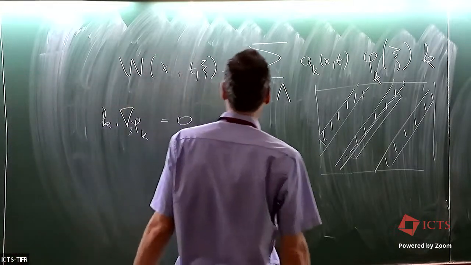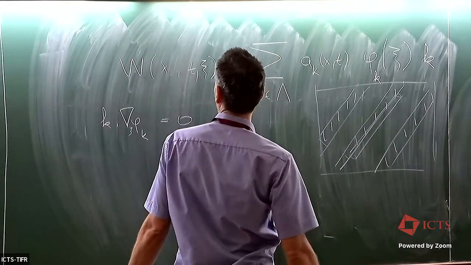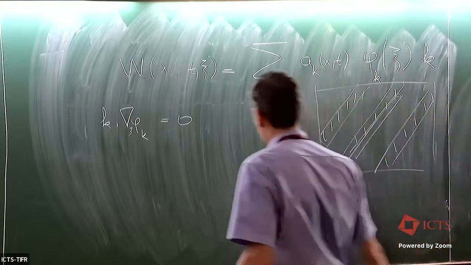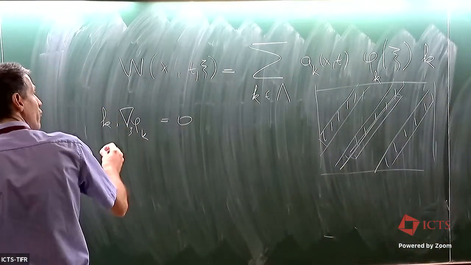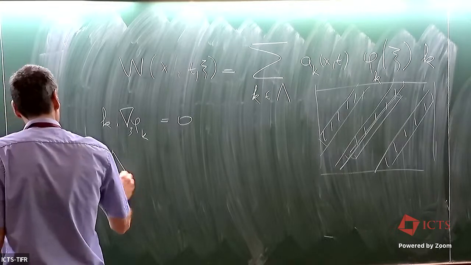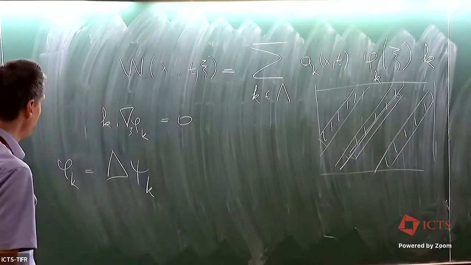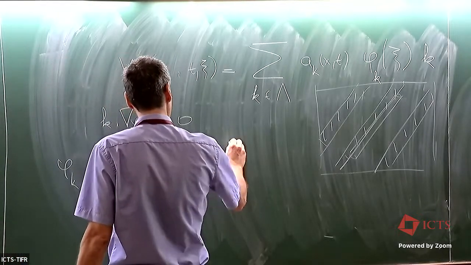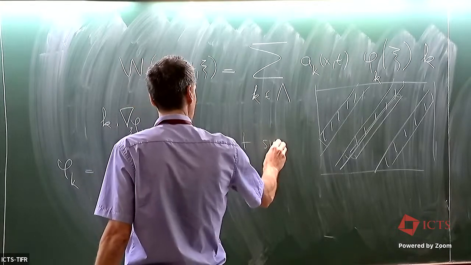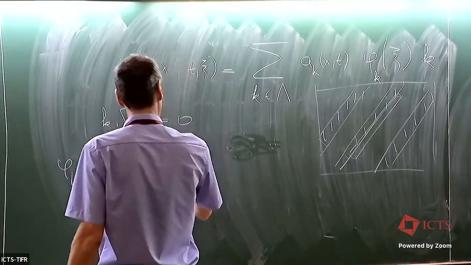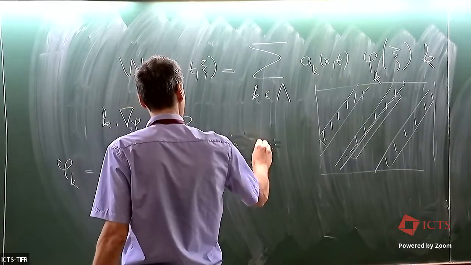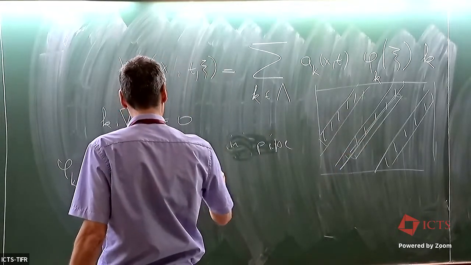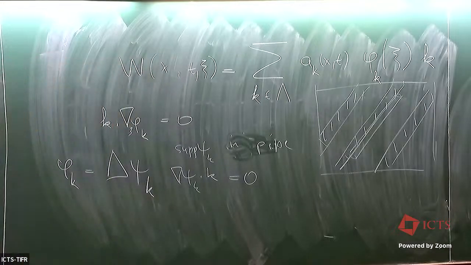And in order to be able to write down the vector potential, which I will need to rewrite that as a parabolic equation, it's helpful to actually write phi k as the Laplacian of something else, psi k, where psi k should have the same properties. So also with psi k compact support in the tube, in the pipe, the same way, and also the orthogonality.